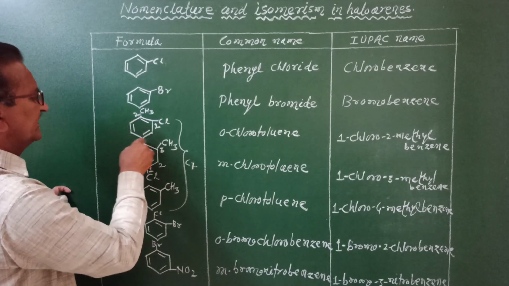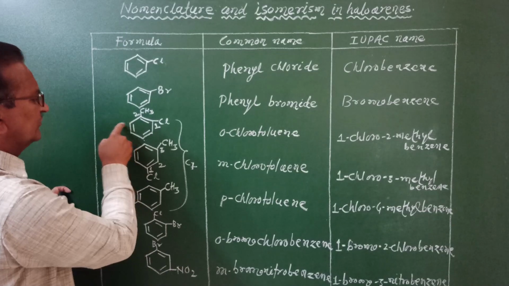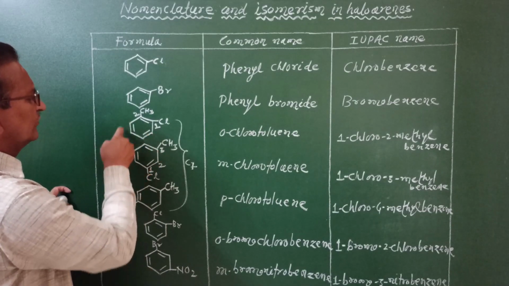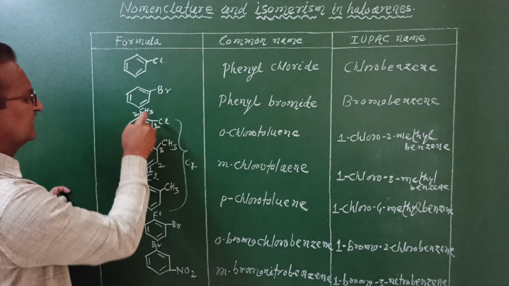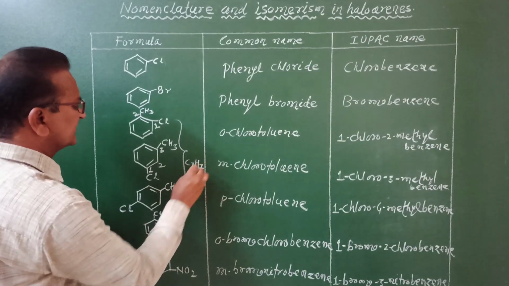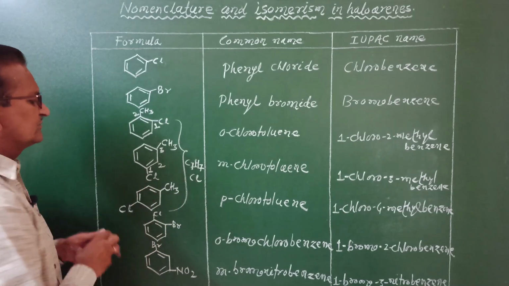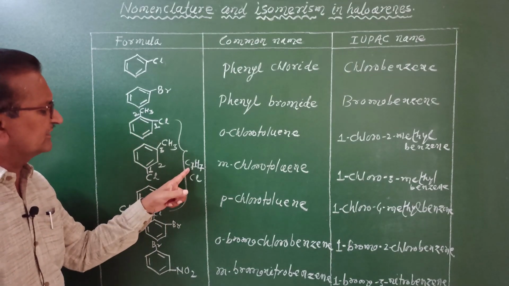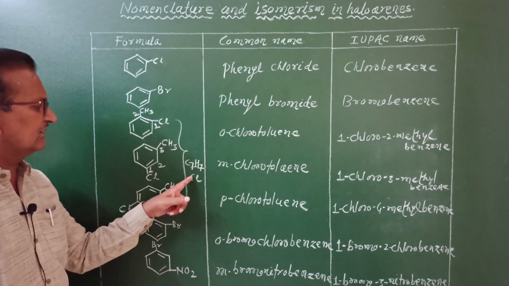On the benzene ring, 4 hydrogen atoms are left, and 3 hydrogen atoms are on the methyl group. So the total number of hydrogen atoms is 7, and 1 chlorine atom is there. The molecular formula of all these isomeric compounds is the same, C7H7Cl.